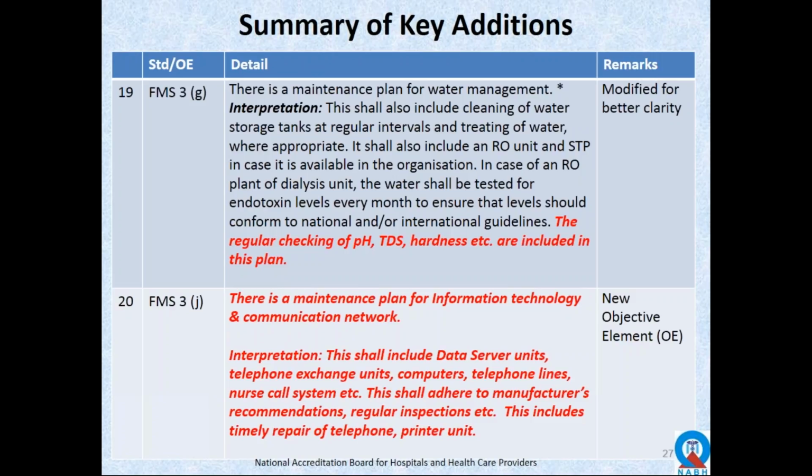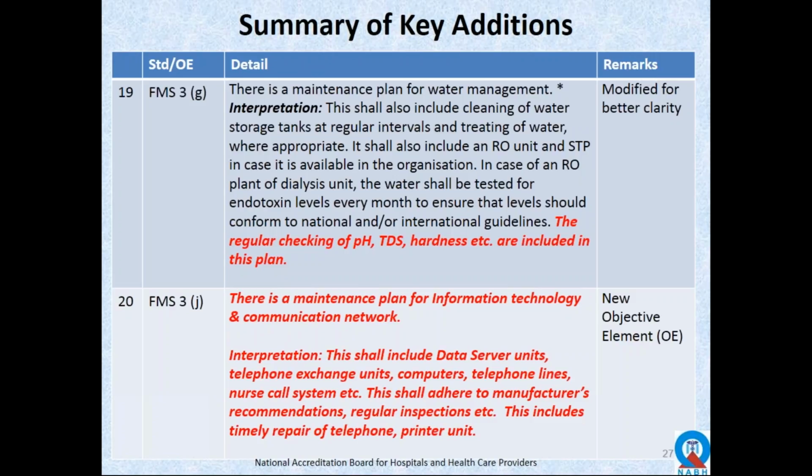FMS 3J, again another new objective element which has been addressed to look into the maintenance plan for information technology and communications network. The interpretation of this particular element is that this particular plan should include data server units, telephone exchange units, computers, telephone lines, nurse call systems.